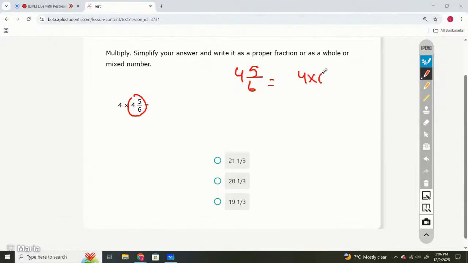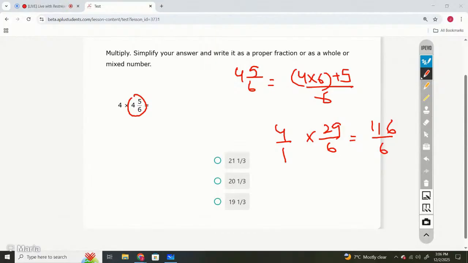We have to do 4 times 6, add the numerator, divided by 6. 4 times 6 is 24, and 5, 29 by 6. So we need to multiply 4 over 1. So 4 times 9 is 36. 4 times 2 is 8, 9, 10, and 11 over 6.